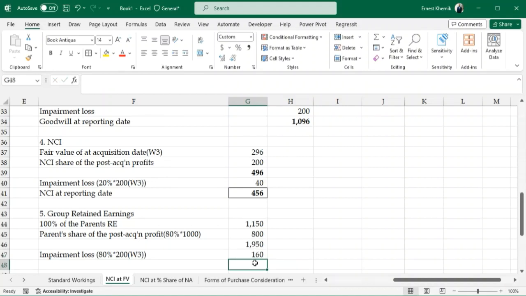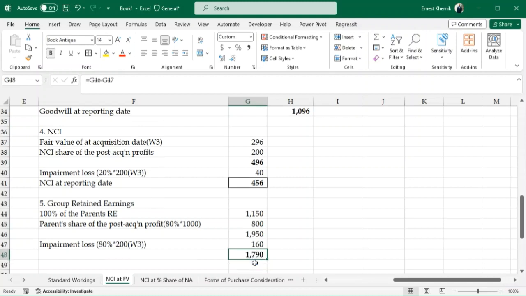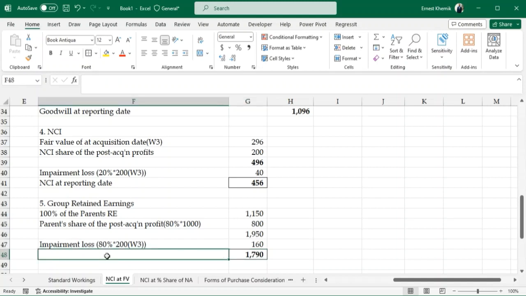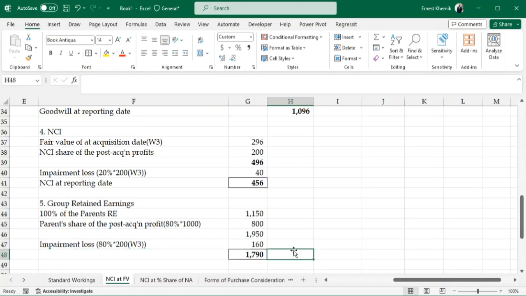So the difference between these two figures is going to give me my retained earnings, which I can put in a normal bracket there. So this becomes our group retained earnings, and this figure is what we are going to use in our consolidation to complete the consolidated financial statements.